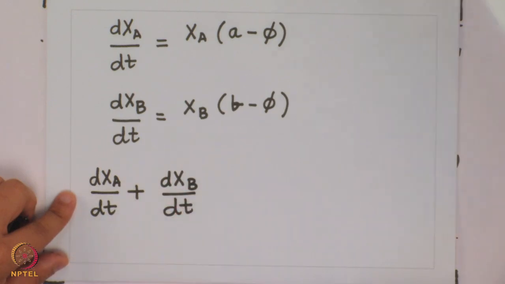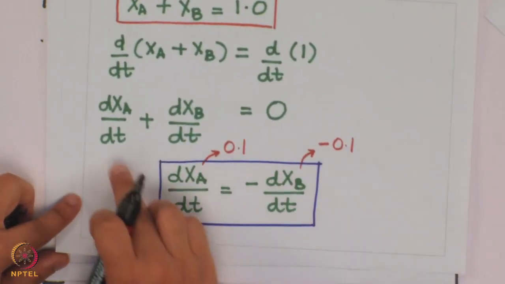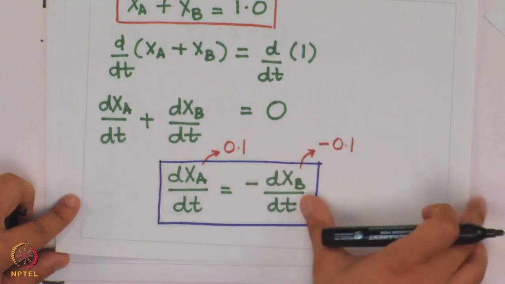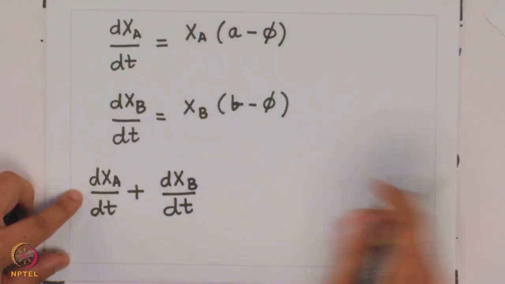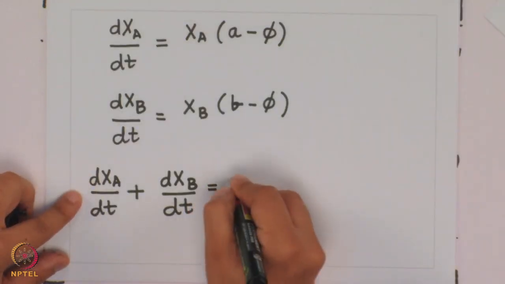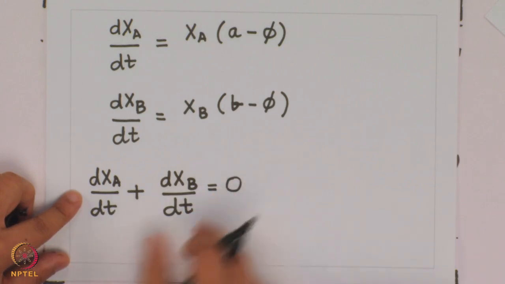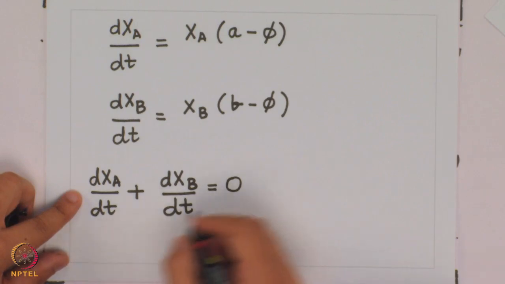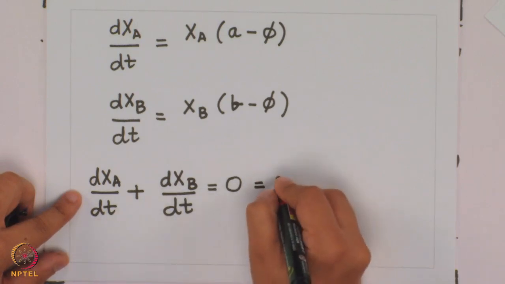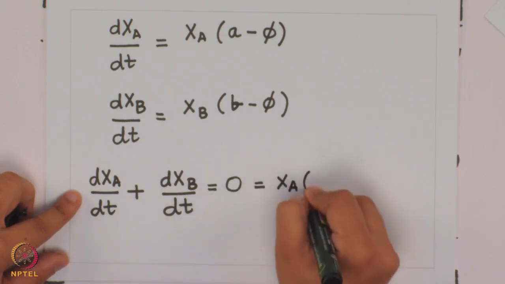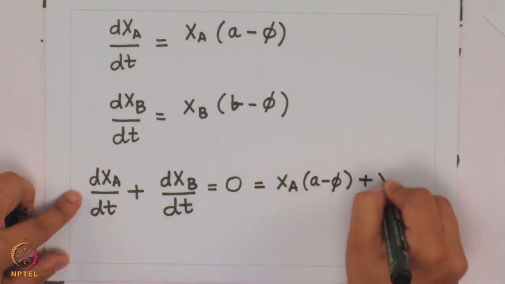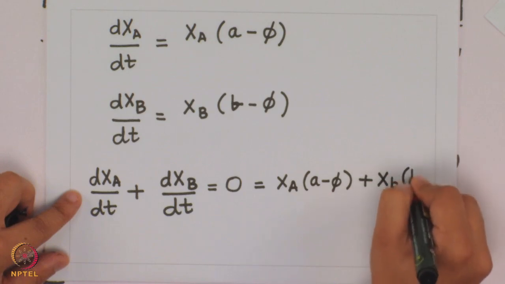We know from the analysis that we just completed that these two derivatives when added together must be equal to 0. So this is equal to 0, we know this from the previous slide, and what we have done here is derive expressions for these derivatives, and this gives me xa times a minus phi plus xb times b minus phi.